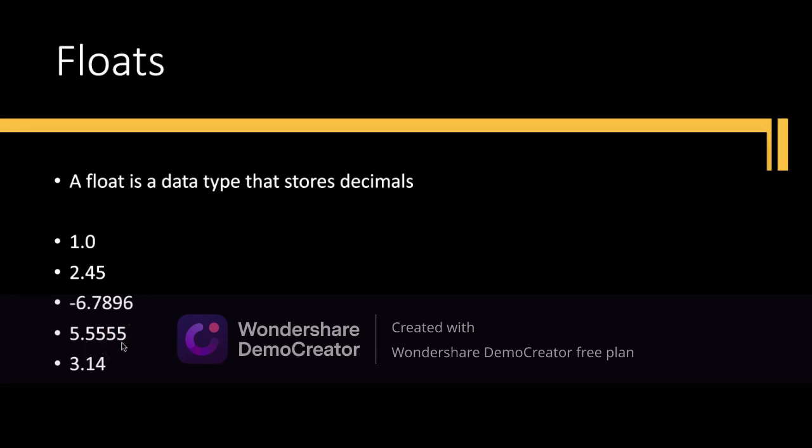So remember, anything with a decimal point cannot be an integer. If there is a decimal point, that must be a float because it simply does not fall into the category of integer. And again, if I were to put quotation marks around one of these, it would then be considered a string.